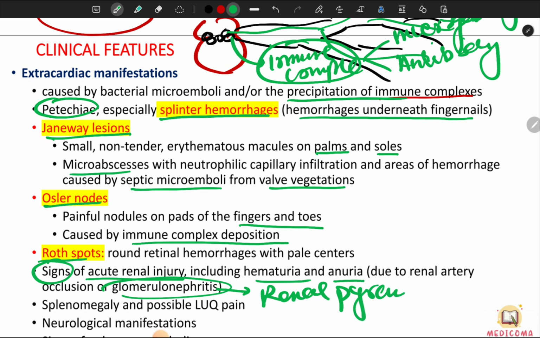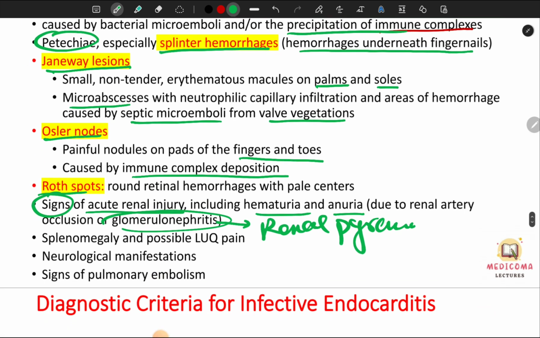And also if the complex is deposited in the spleen, it can lead to splenomegaly and possible left upper quadrant pain, because the spleen is present in the upper quadrant. So this enlargement can cause the pain.